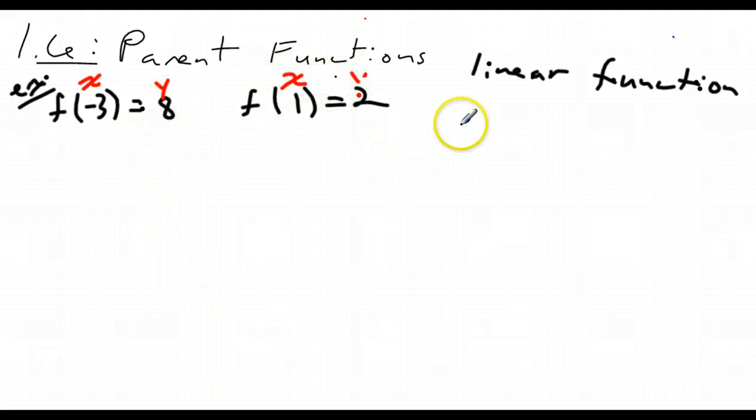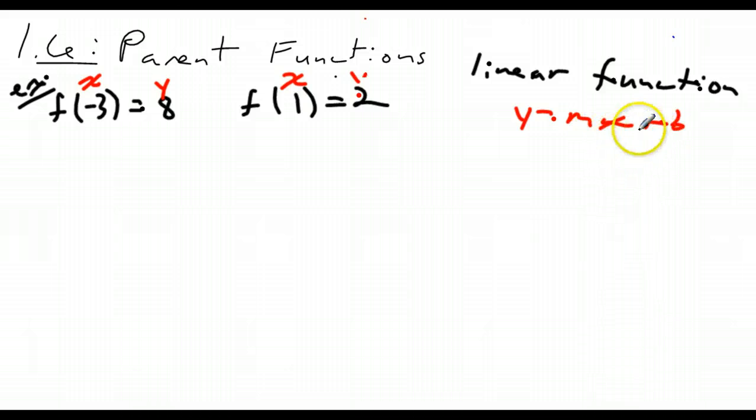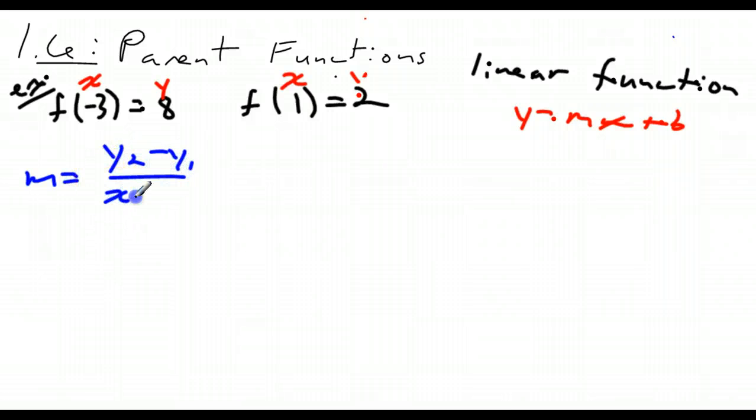So we're going to hopefully get down to something like y equals mx plus b. We don't know what m is, we don't know what b is yet. However, I know that m is y2 minus y1 over x2 minus x1.